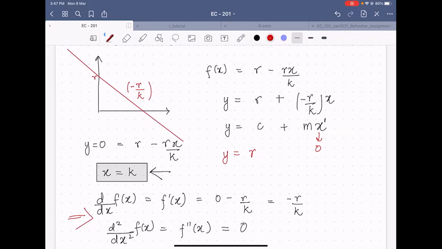But if I just think of my biological question, the function can take a maximum value of r. Similarly, if I think of my biological function, this is something like population growth.